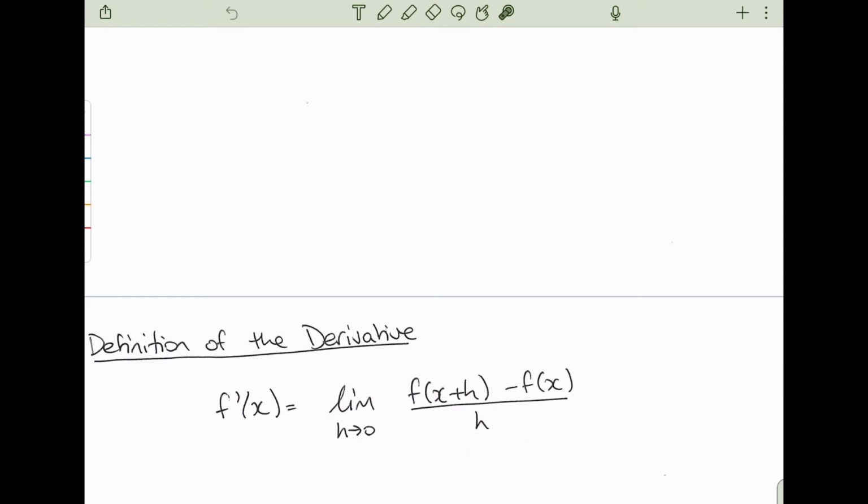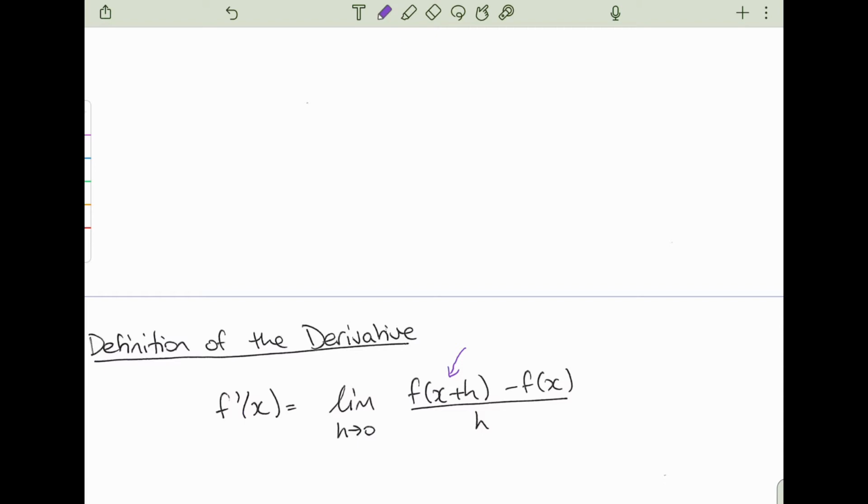Limit h goes to 0, f of x plus h minus f of x divided by h. And we can remember it as the difference of the function divided by the difference of the input. On the top, you see that the input in the first bracket here is x plus h.